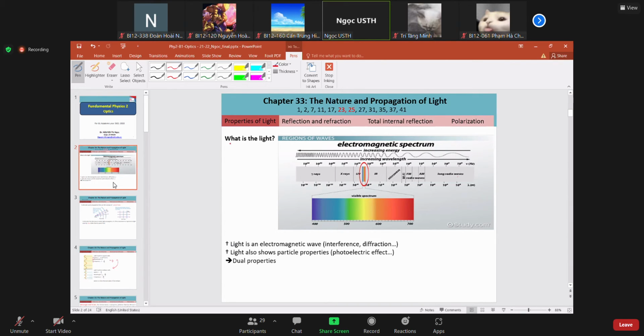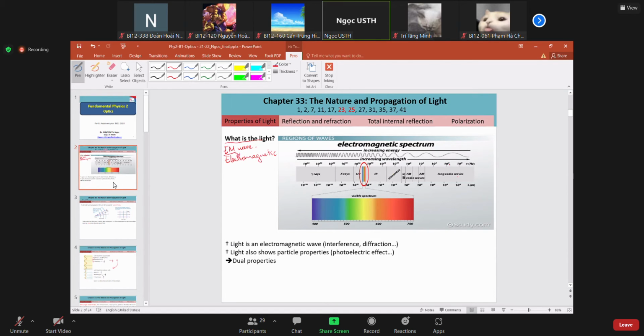Okay. So what is light? Light is an electromagnetic wave, or they can call it EM wave. EM stands for electromagnetic wave.